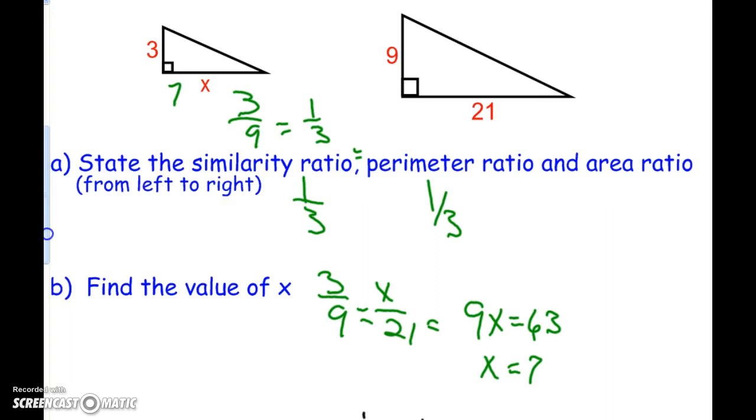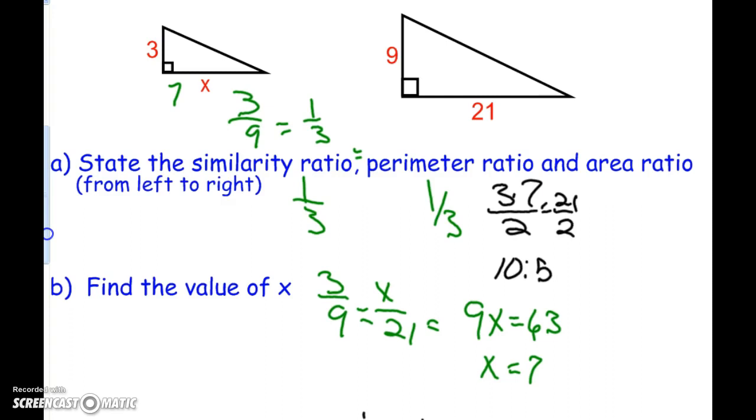Now, to find the area of these triangles, remember it's length times width divided by 2, or base times height divided by 2. So 3 times 7 divided by 2. That's 21 divided by 2 is 10.5.